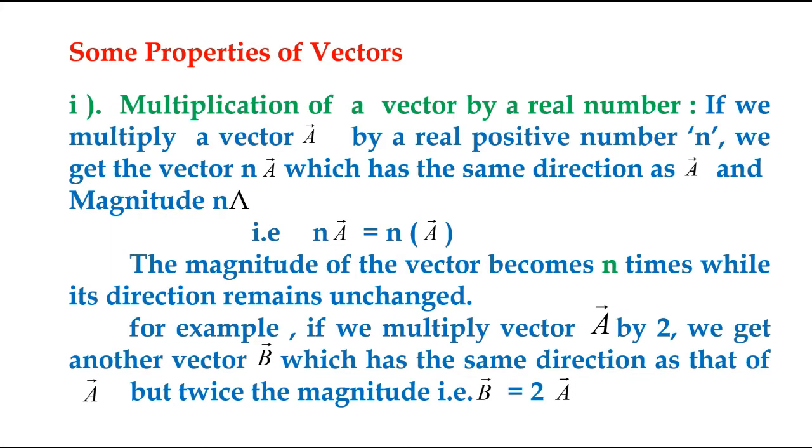That means we can write b bar is equal to 2 times a bar. The direction of b bar is the same as the direction of a bar, and the magnitude of b bar is 2 times the magnitude of a bar.